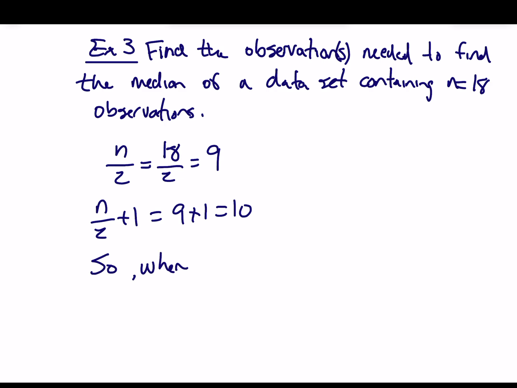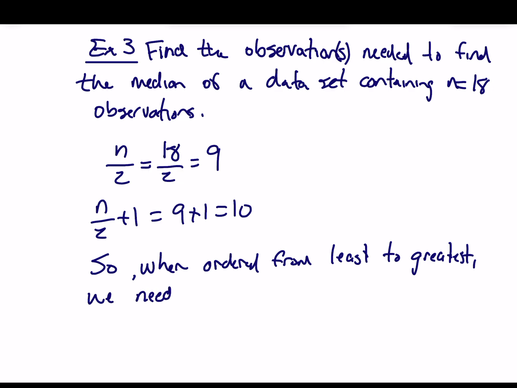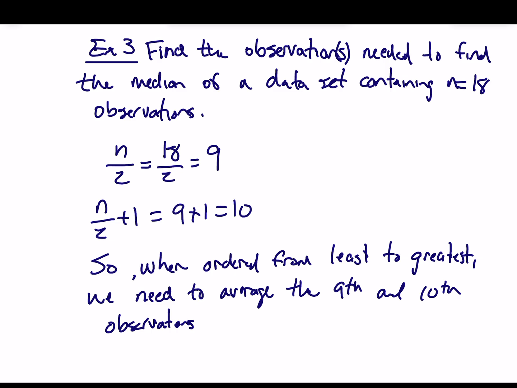So, when ordered from least to greatest, we need to average the 9th and 10th observations. And that only applies when we have an even number of observations, like 18. If we had had an odd, we would have just used the n plus 1 over 2 observation.